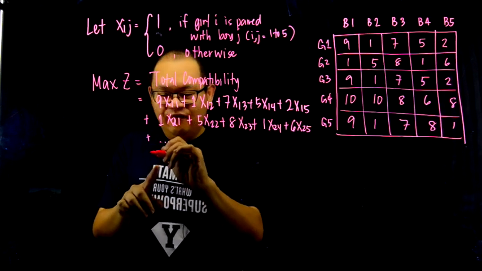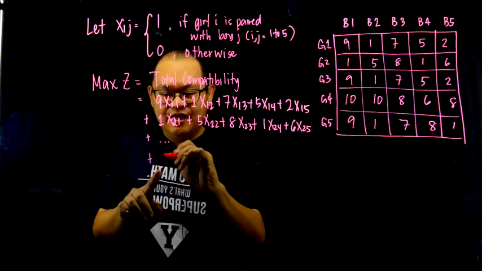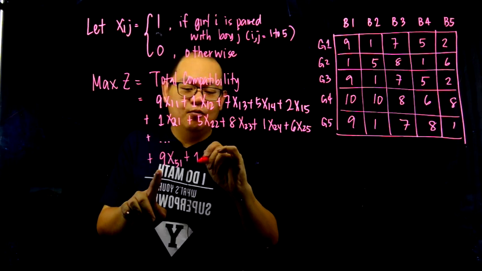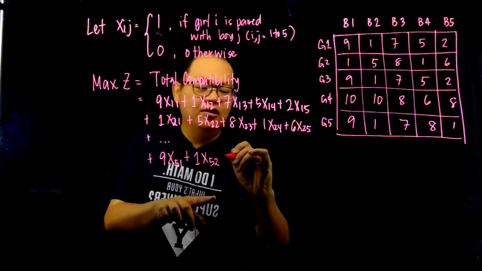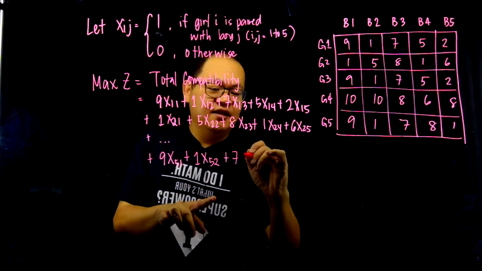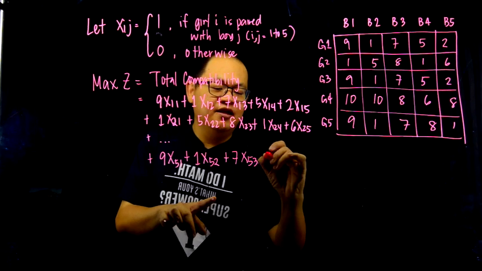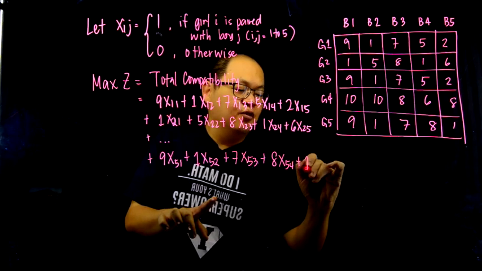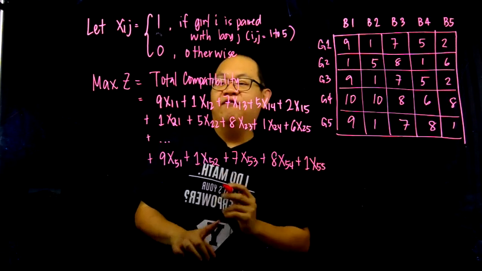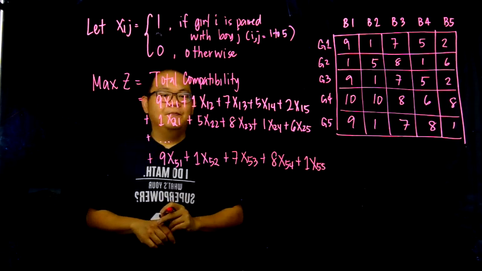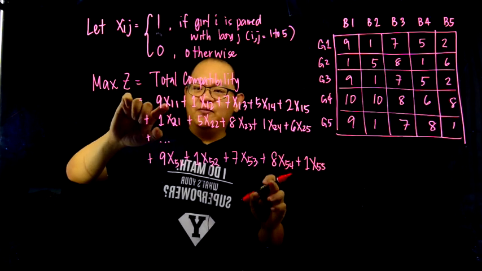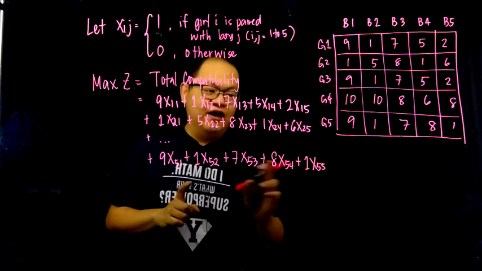So for girl 5, this is 9x51 plus 1x52 plus 7x53 plus 8x54 plus 1x55. Okay? Now, I know it's very long. It will contain 25 terms, from 9x11 until 1x55.